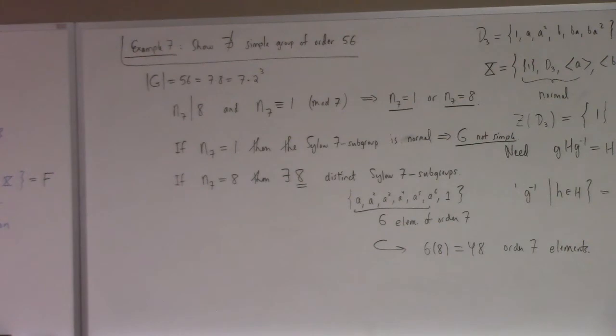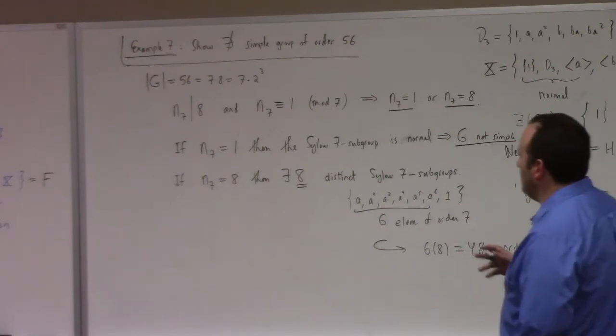And what else do you have? Your group of order 56, right? So what's left over is the identity, of course, and elements that are not order 7. The other thing that's left over is the order 2 things.